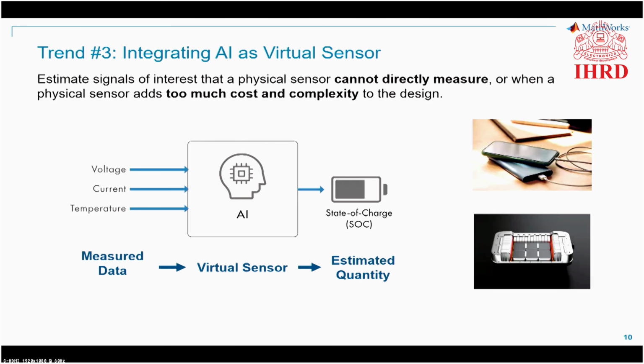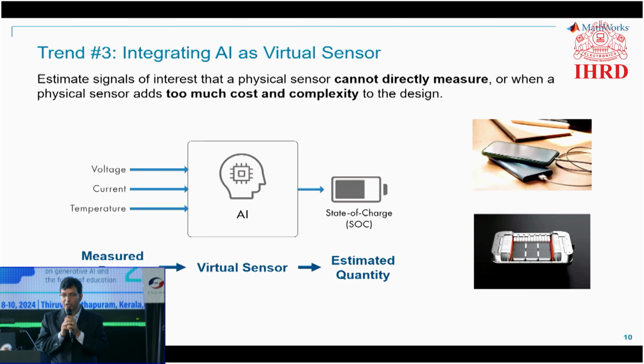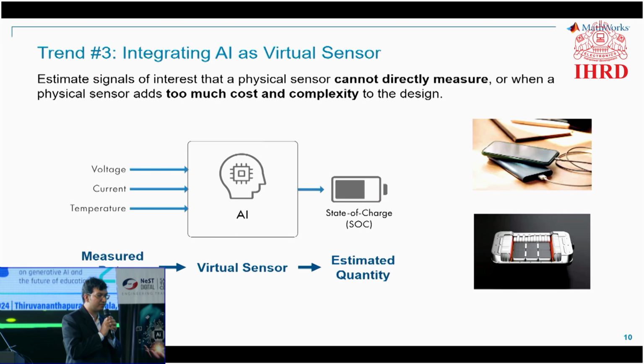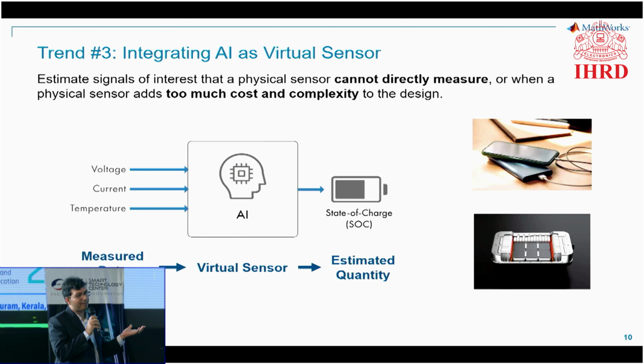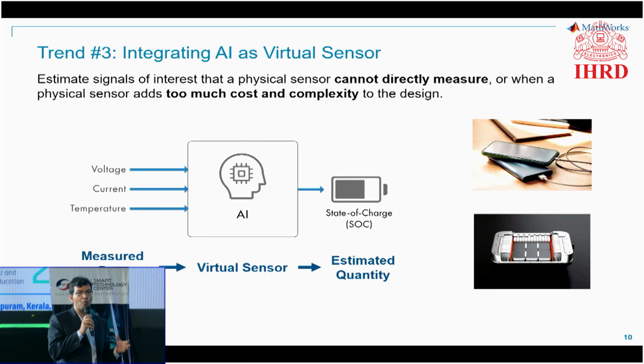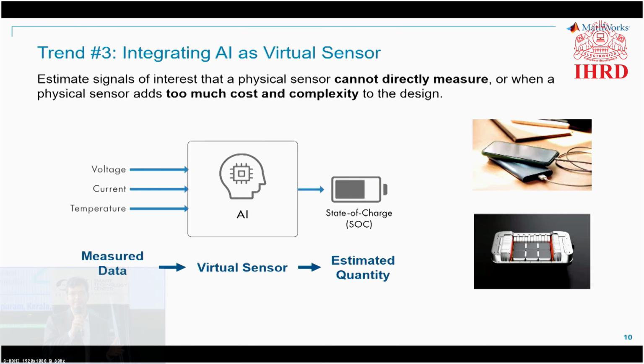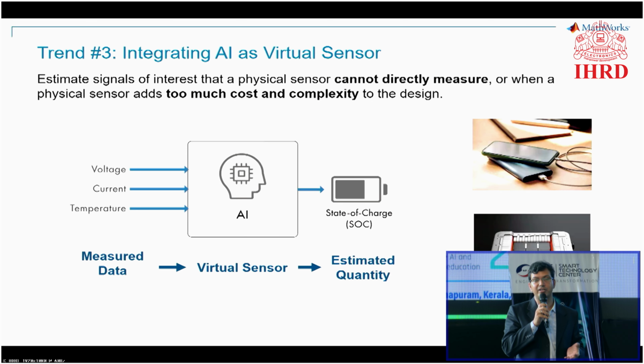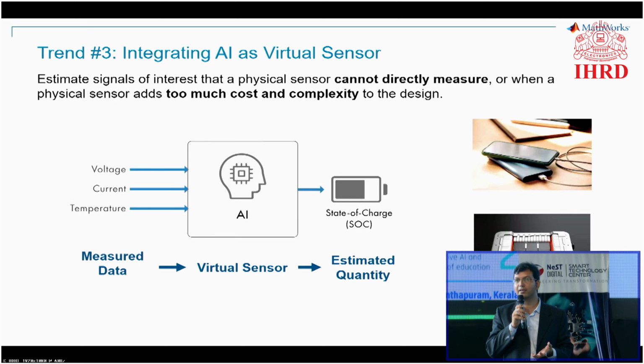Okay. Third trend. I'm not sure how many of you have heard of it. It's called virtual sensor. If you look at any application like a mobile phone or an electric car, one thing that is common between both of them is that you need to predict the state of charge of the battery very correctly. Why?